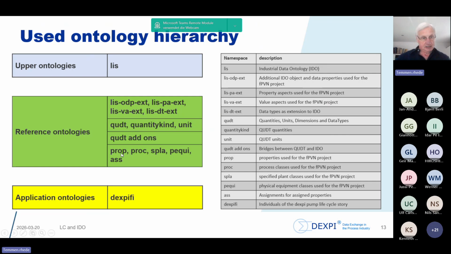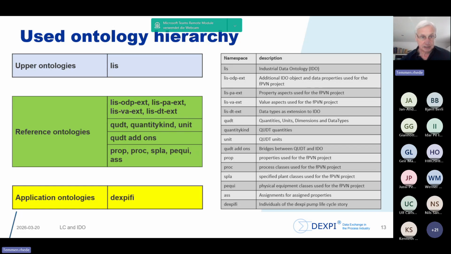specifications, and we have, let's say, the domain-specific things where we have to model all the properties we need, all the classes for the process, for the specified plant, and for the physical equipment, and we have to model some assignments. And in the top of the reference ontologies, we need additional object properties.